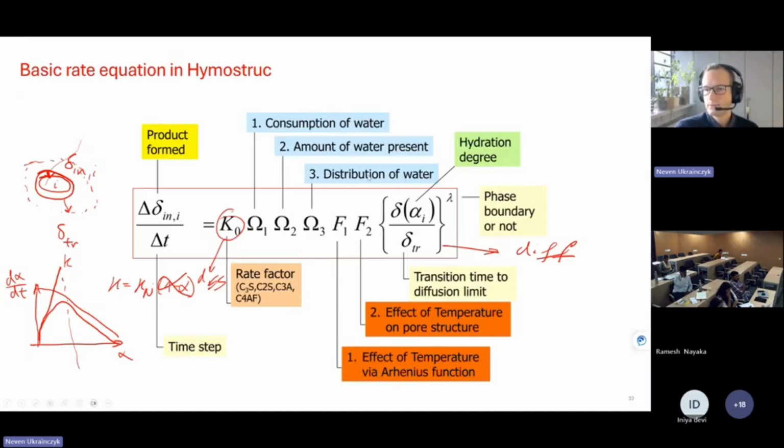And this is the distribution of water, which is basically also the pore size distribution effect, that the water is present in the smaller pores and the bigger pores are empty. We have this chemical shrinkage and the empty pores. And we have the effect of the pore structure, because it affects also the distribution of water. So this gives you the full model, and if you would add here nucleation and growth, it gives you fundamental kinetics for the hydration of cement.